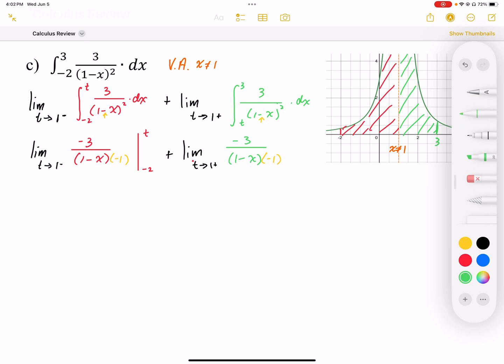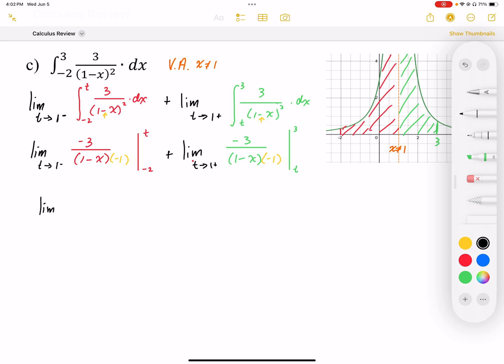And this one here has bounds from t, which is 1, all the way to 3. So that's going to represent the green area there. Again, just be careful with those extra negatives. I'm just going to cancel them out.